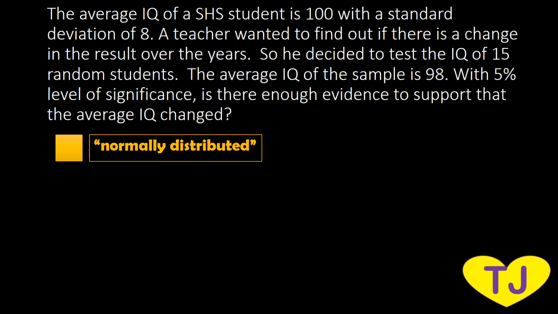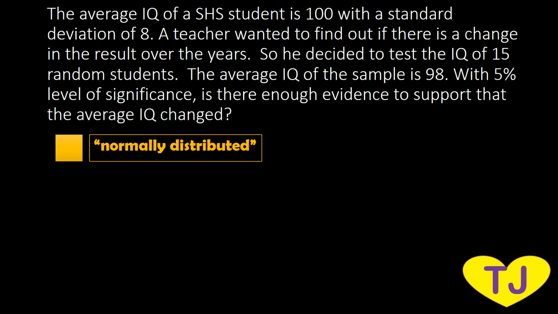we have our problem. The average IQ of a senior high school student is 100 with a standard deviation of 8. A teacher wanted to find out if there is a change in the result over the years. So he decided to test the IQ of 15 random students. The average IQ of the sample is 98 with 5% level of significance.